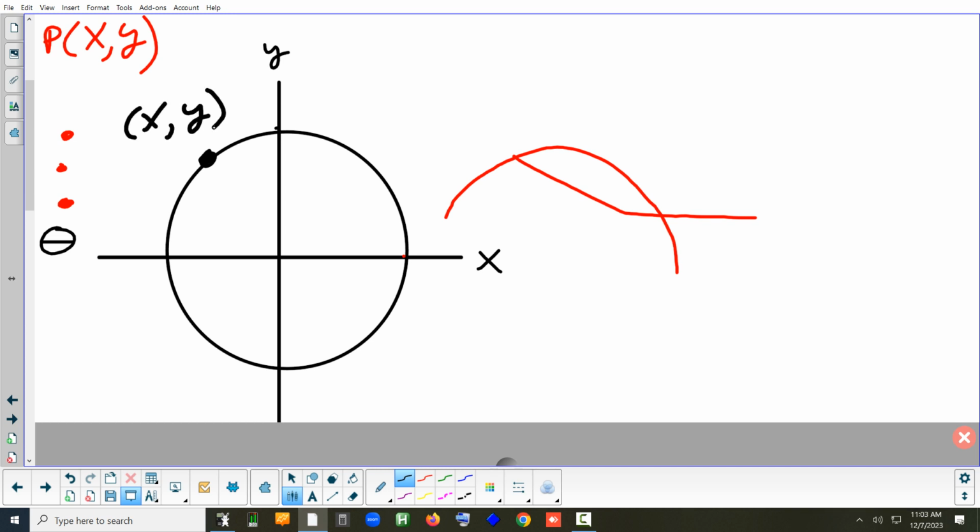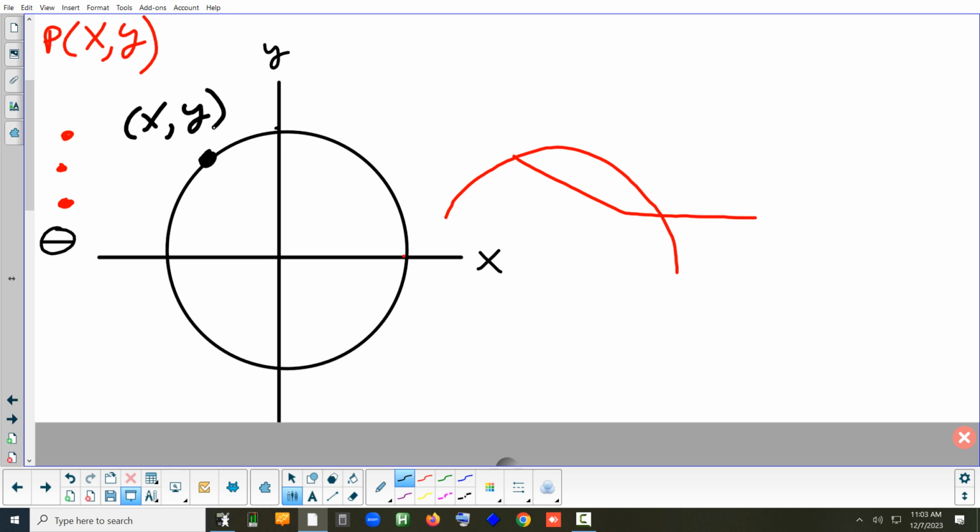The goal is to find that coordinate. In this case, it would be a negative x value and a positive y value. That's the whole goal of unit circle trig: find the coordinate for an angle.